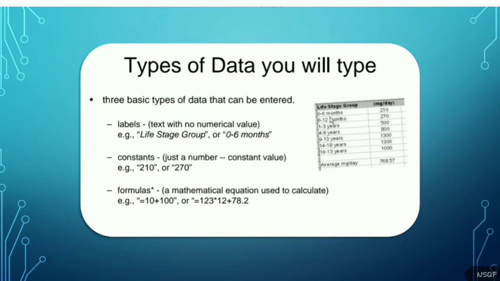Why do we call it a formula? These numbers, 100, 110, 123, 12, 78.2, are the numbers, and numbers are constants. But in between we have put plus, equals to, asterisk. Asterisk is multiplication, as you know. These all are the formulas.